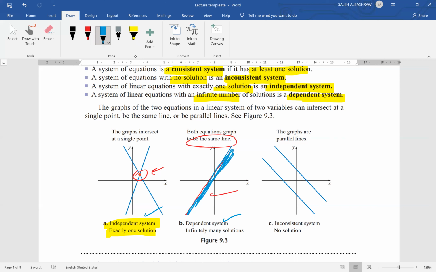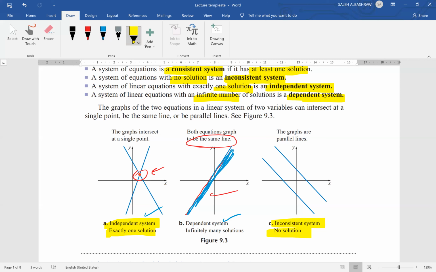The third type: if the two lines are parallel, they are not intersecting. If the two lines are parallel, there is no solution. There is no common solution between the first equation and the second one. If they are parallel, we say this is an inconsistent system.